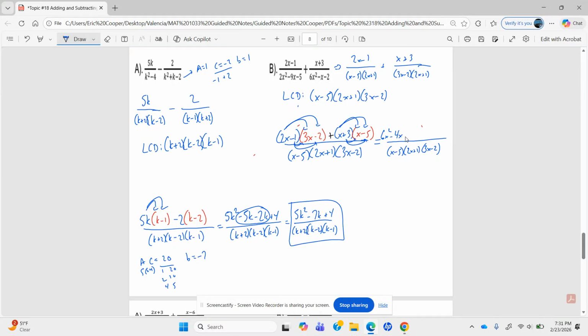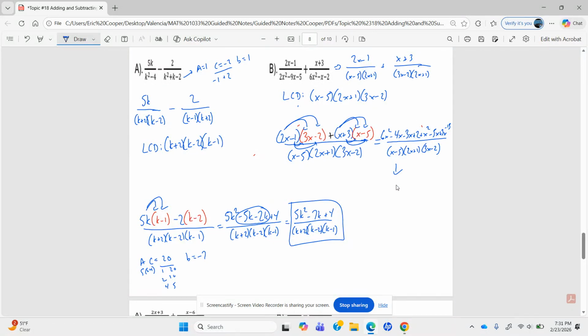Negative 1 times 3x is negative 3x. Negative 1 times negative 2 is positive 2. Plus x times x, which is x squared. x times negative 5, which is negative 5x. 3 times x, which is 3x. And then 3 times negative 5, which is negative 15. We got a lot up there.